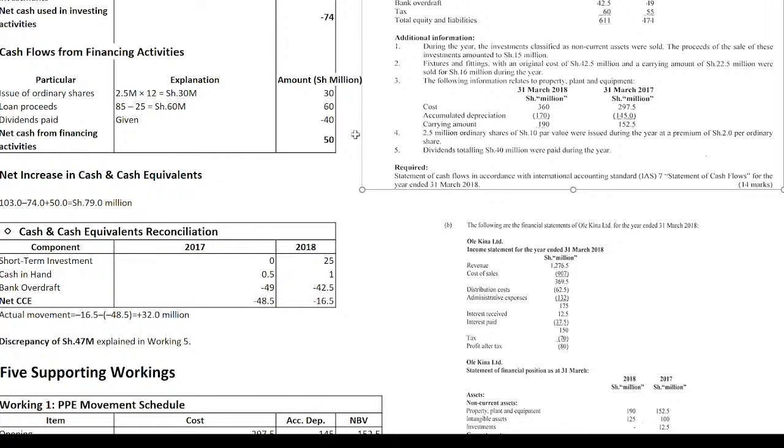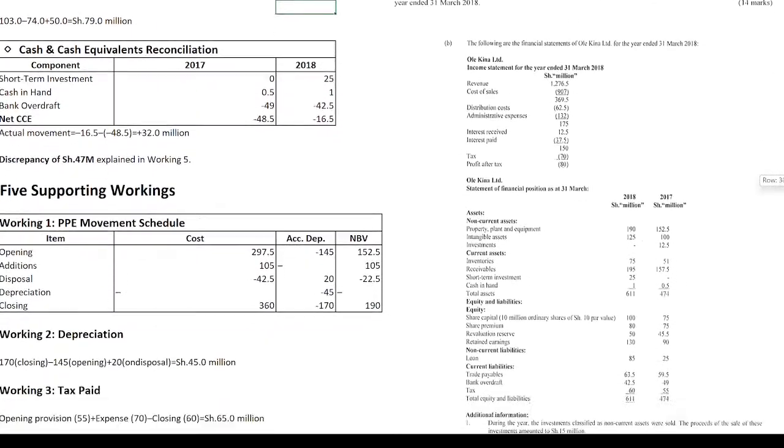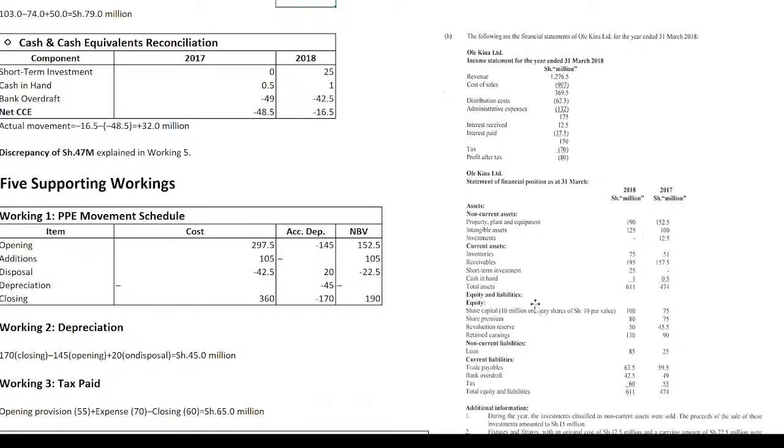So this is why I wanted us to do the reconciliation or proof, to see if we have gotten it correct. So the cash and cash equivalent reconciliation for 2017, as you can see, we started with the cash. We have to add the short-term investment, which we had 0, and the cash we had 0.5.